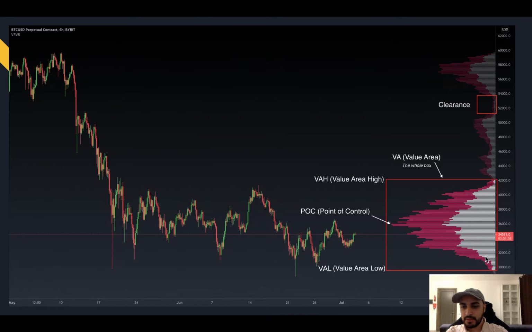Here it started, here it ended. The whole thing is the value area. The highest part is the value area high. The lowest part is the value area low, or VAL for value area low, VAH for value area high.